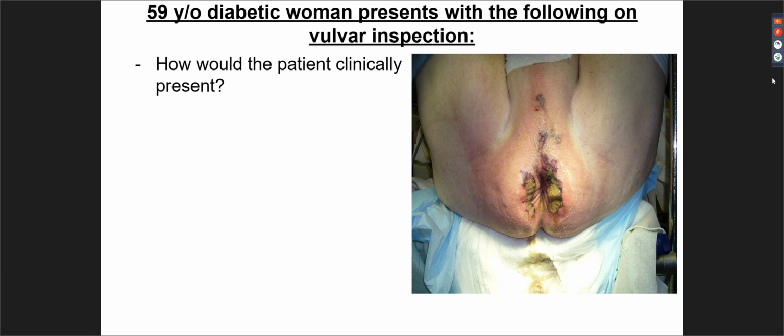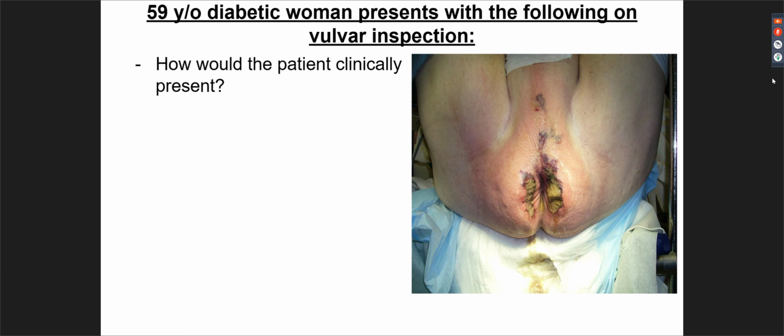I would also expect her to have noticed an abnormal discharge from the area, possibly some bleeding, and then probably warmth to the touch in the area. And if she's done any inspection of that area, increasing erythema. I would expect this to happen over the course of a couple days or a week.